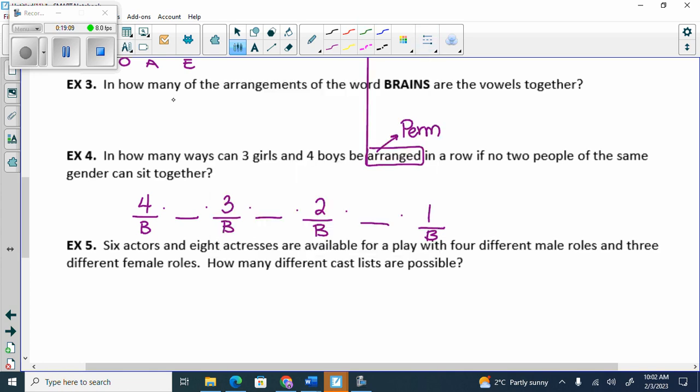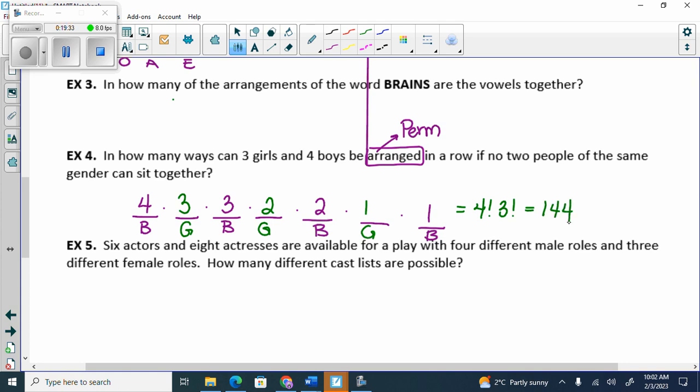Then the girls fall in between. And I have 3 girls: 3, 2, 1. Now what does the purple make? 4 factorial, 4, 3, 2, 1, right? What does the green make? 3 factorial. So I could actually write 4 factorial times 3 factorial, which is 144.